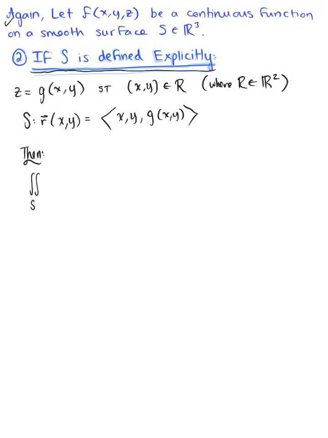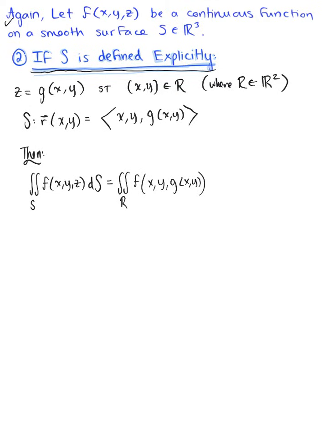We have that double integral over the surface S of the function f of x, y, z. And remember, we're integrating here with respect to the surface area. So we can now rewrite this as the equivalent double integral over that two-dimensional region R in the plane of the parameterized function. So this becomes f of x, y, g of x, y.